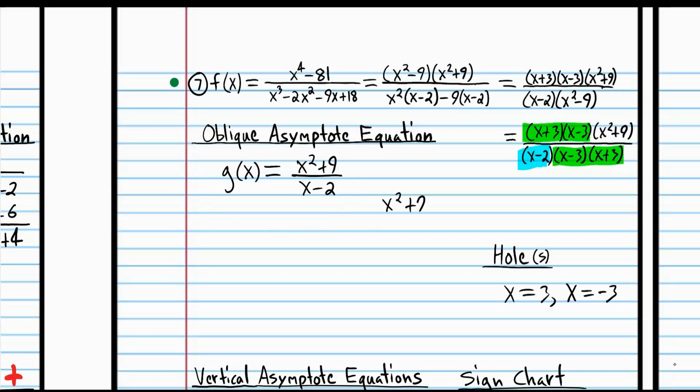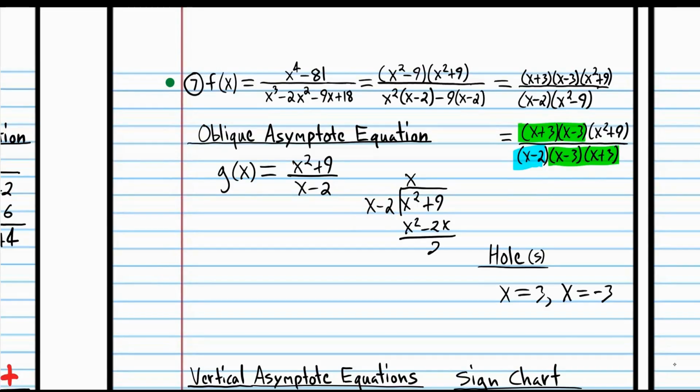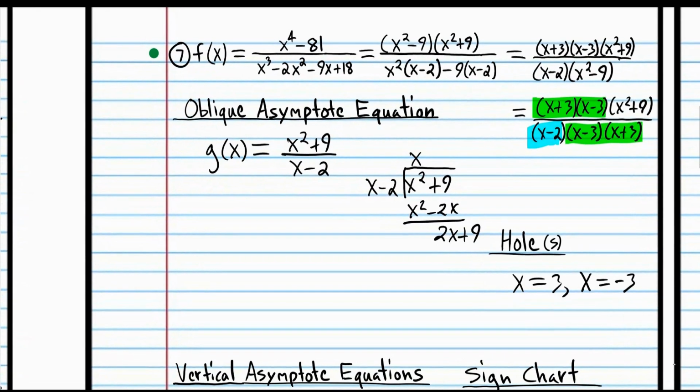We're going to find the oblique asymptote by dividing the numerator by the denominator. And so we have x squared minus 2x. We have 2x plus 9. Then we add 2. And we get 2x minus 4.